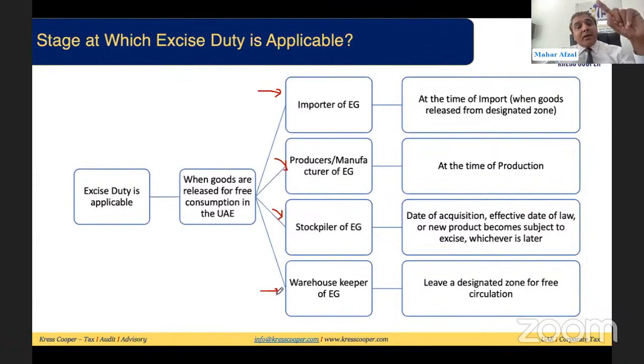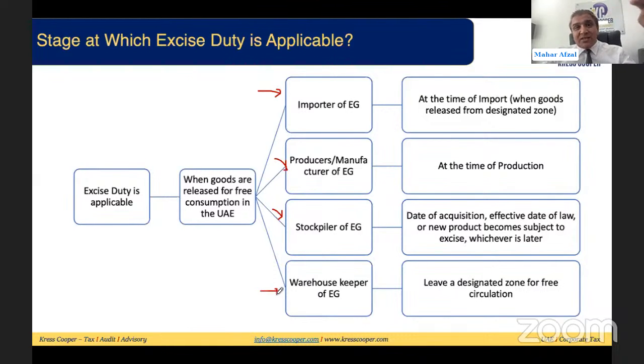Stockpiler, on the earliest of the date of acquisition, the effective date of the new law, or when new products become available, and this applies to the excess quantity on which you have not already paid excise duty. Warehouse, whenever the goods are leaving the warehouse, subject to the condition that the warehouse has been approved by the FTA and is supervised by the warehouse keeper. So four parties are subject to excise duty.